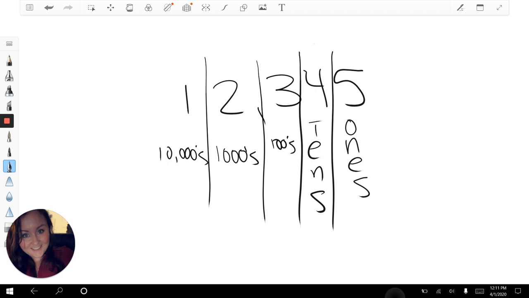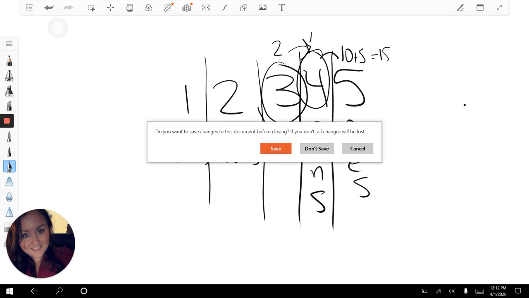So if I'm borrowing from here, what I'm actually borrowing is 10. That's why when we're borrowing, we say that we're subtracting from 15. And if I'm borrowing from here into this one, I'm actually taking 100. If that makes sense. Okay? And we'll show it in progress when we get to that point.